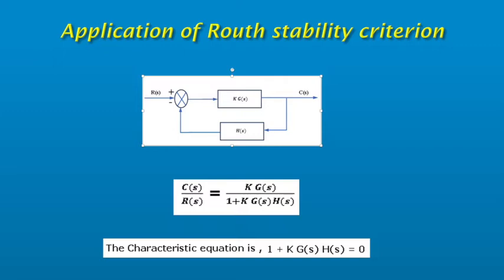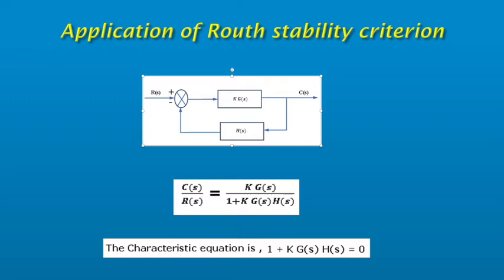Therefore, the roots of this characteristic equation depend upon the proper selection of the value of K. It is seen that the unknown K appears in the characteristic equation. For such a case, the Routh array is constructed.